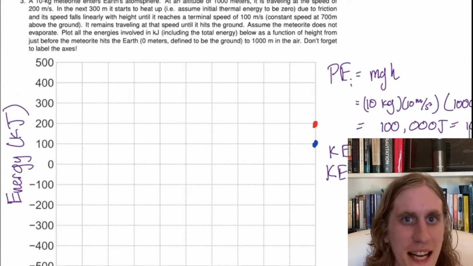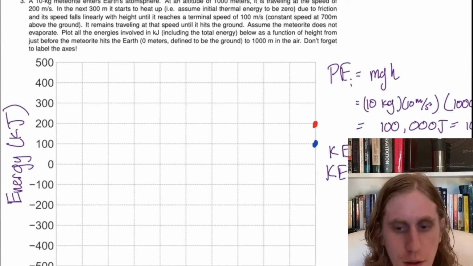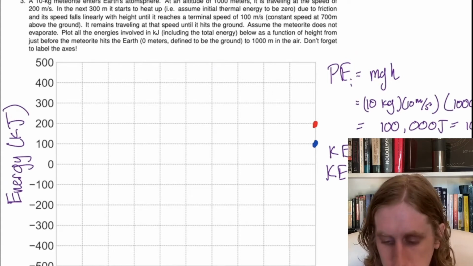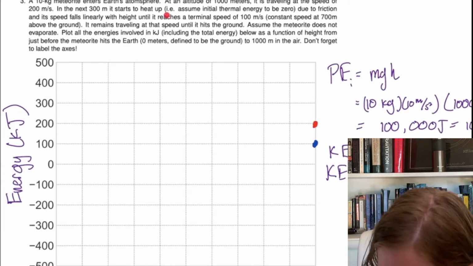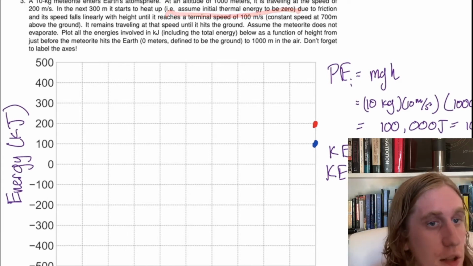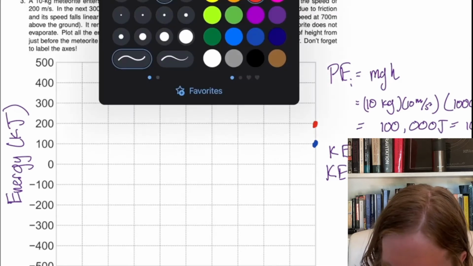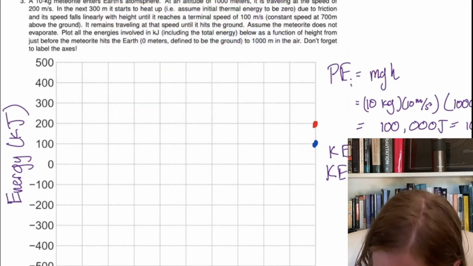The only other kind of energy in the problem is thermal energy, and we're actually told explicitly what the thermal energy is at the beginning of the problem. It's right here. Assume initial thermal energy to be zero. So let's mark thermal energy on our plot.